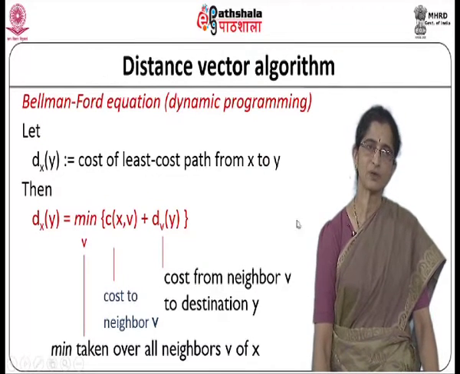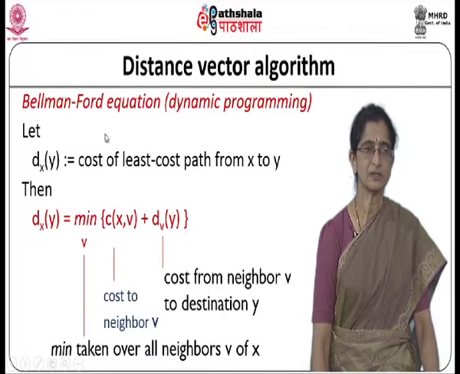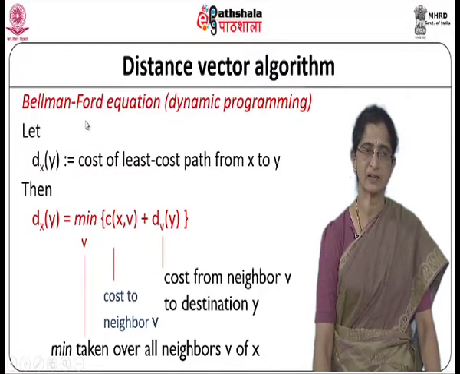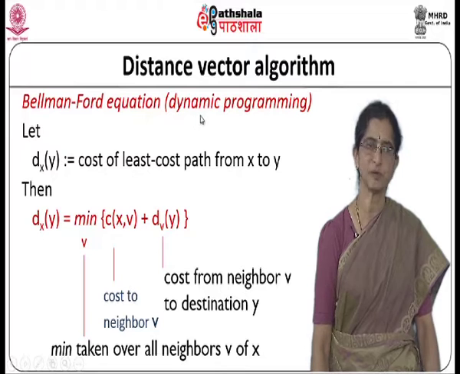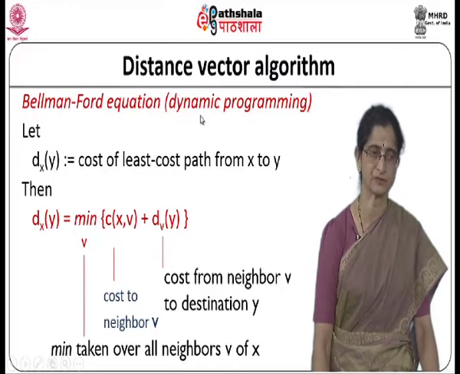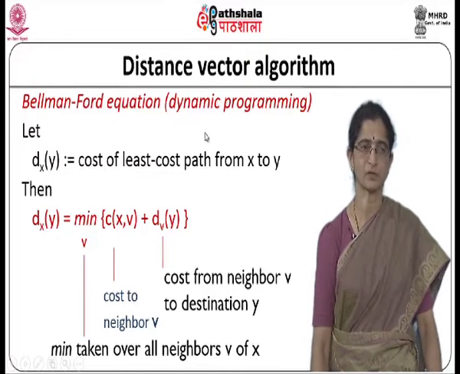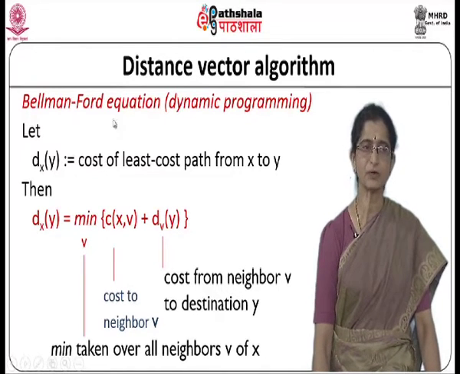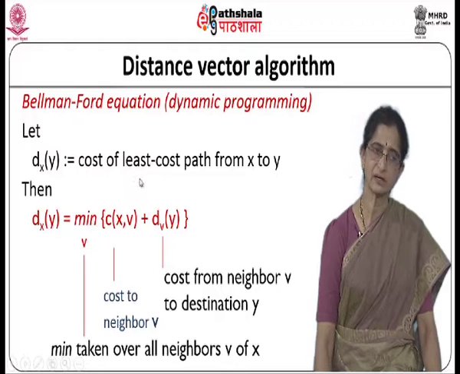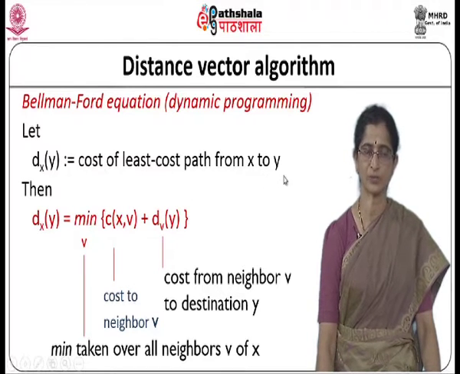If you look at the distance vector algorithm, its basis is the Bellman-Ford equation, which you would be familiar with from your knowledge of graph theory, and you have also studied this in your algorithms course. The Bellman-Ford algorithm is used to identify the least cost path from any node x to any node y.